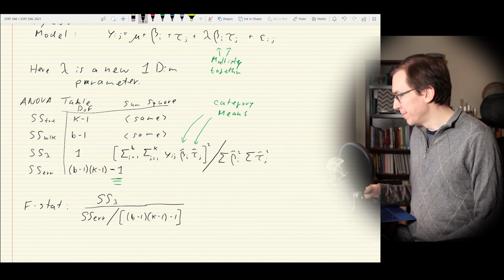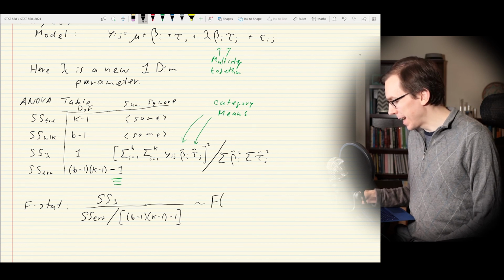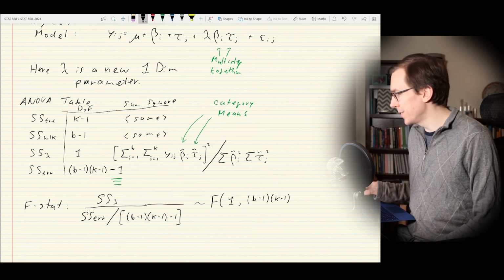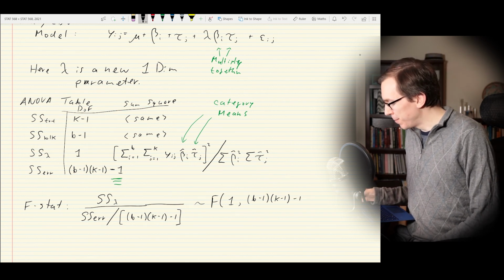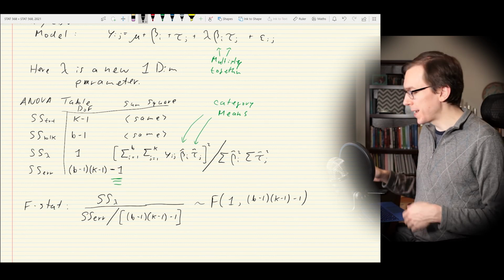And skipping the actual derivation, we claim that this also has an F distribution under the null, with the corresponding degrees of freedom. I guess technically you could think of it as a t-test if you took a square root of everything, but we could just formulate it as sums of squares in the form of an F-test.